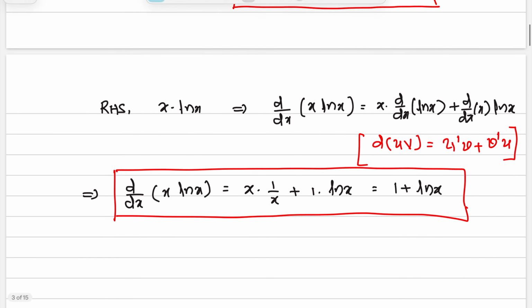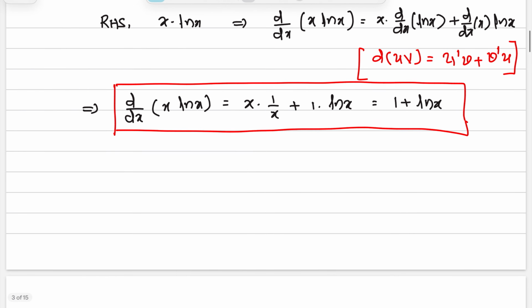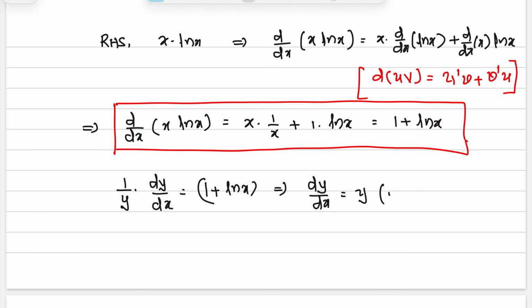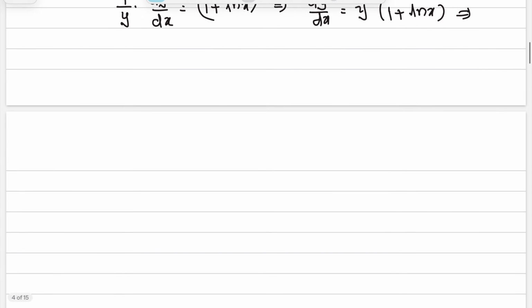Next, we have got left hand side and right hand side. 1 by y into dy by dx is equal to 1 plus ln x. That implies dy by dx is equal to y into 1 plus ln x. Now you substitute the value of y.